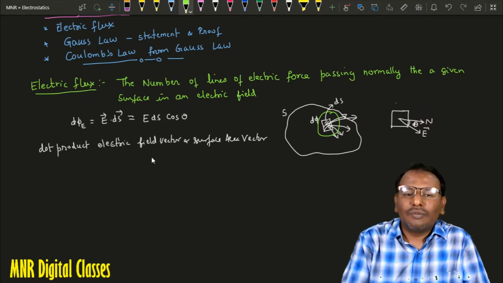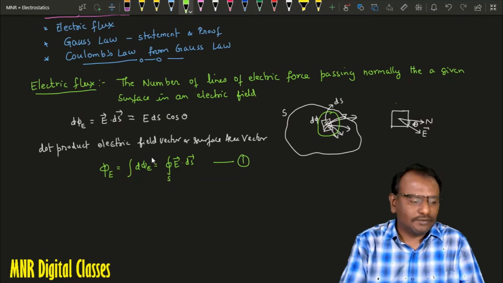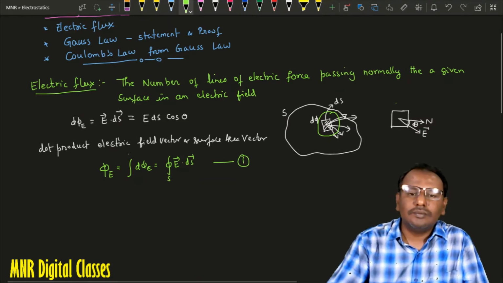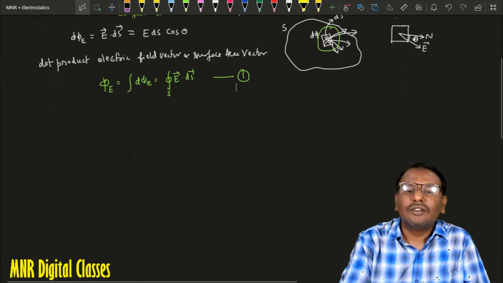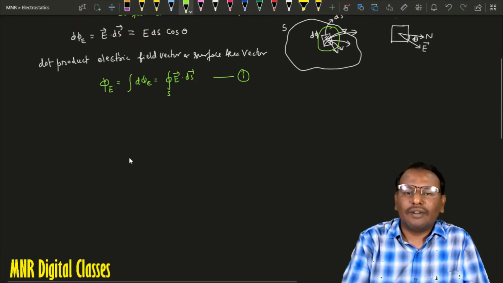Therefore, the total flux emerging out of the surface, phi e, is equal to the integral of d phi e. This we can write as the integral of E bar dot ds bar over the closed surface. Call this equation 1. This gives us the way of finding the electric flux.